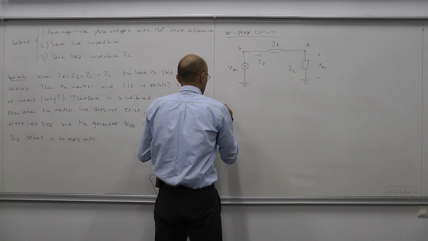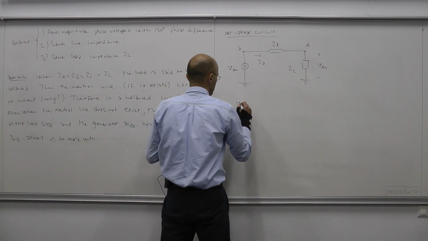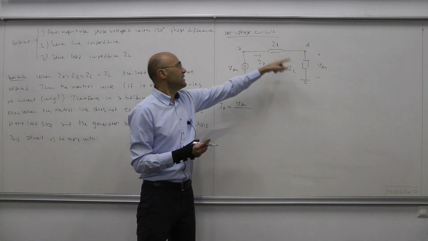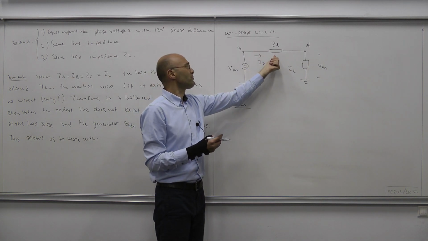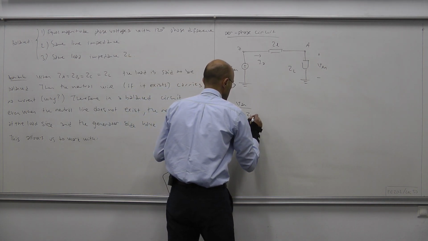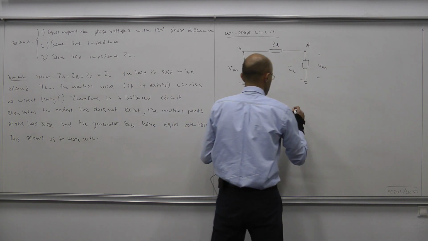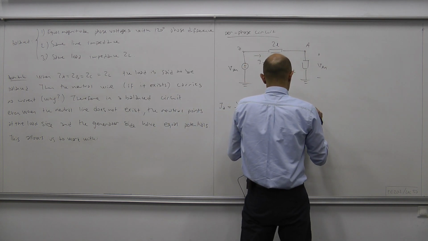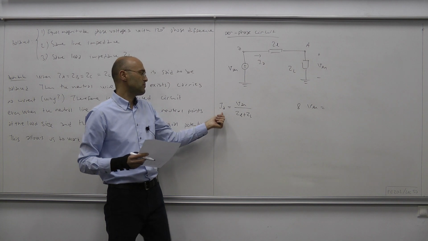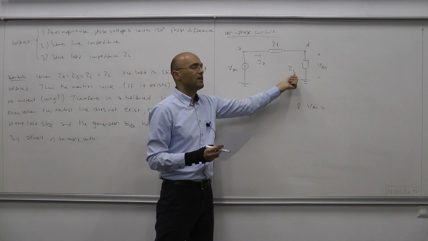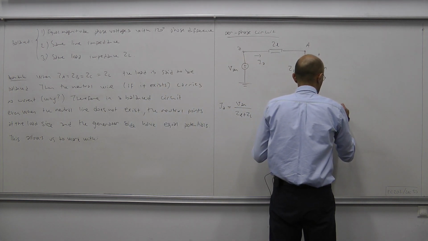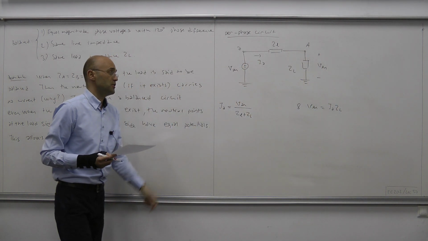Okay, IA equals VAN, this per-phase voltage, divided by the effective impedance seen by the source, which is line impedance plus load impedance, ZL plus capital ZL. And once IA is computed, capital VAN can simply be computed by multiplying that current by the impedance, or it can be computed through voltage division. And we have IA times capital ZL.